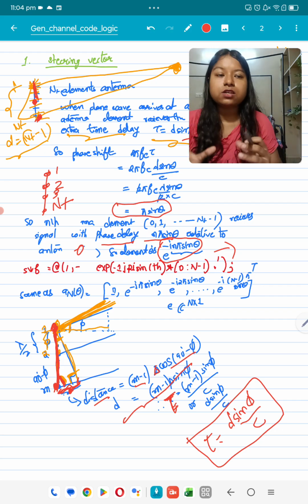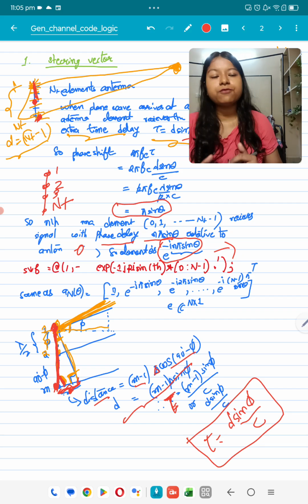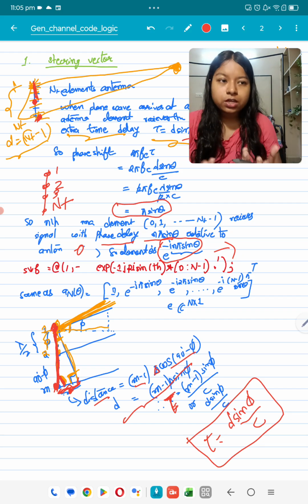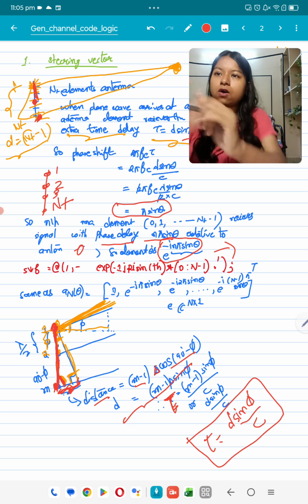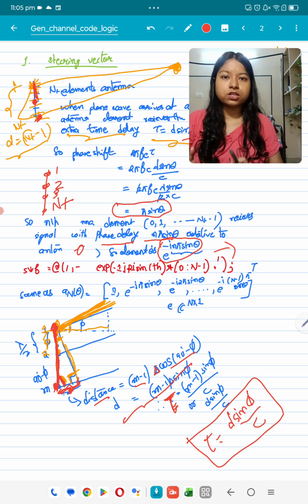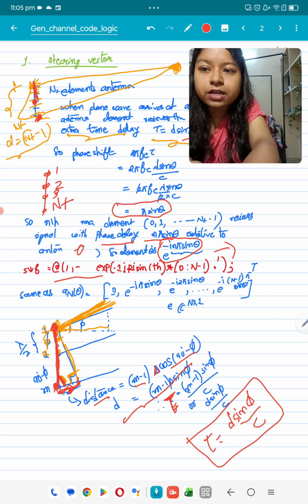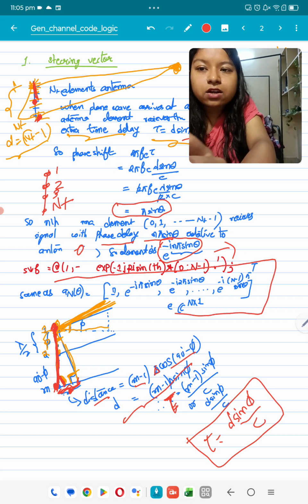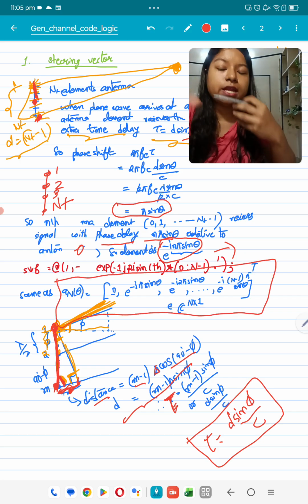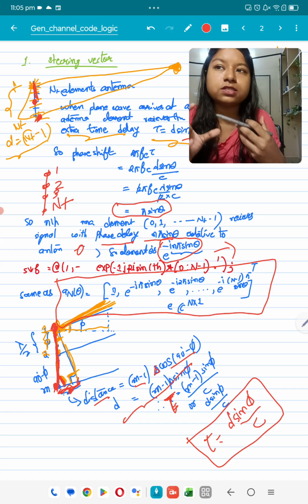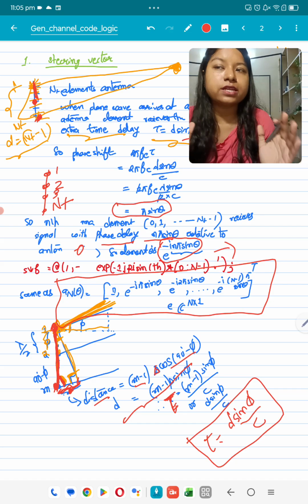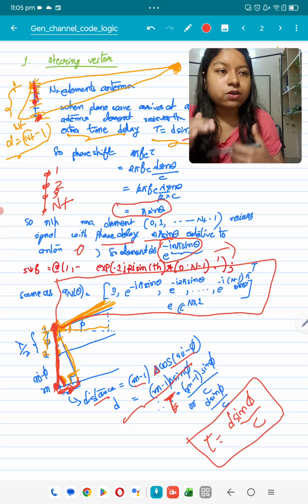For simplicity, we have considered the attenuation to be 1 for all the antenna elements. Then the steering factor is the collection of the phase differences of all the antenna elements in the transmitter or the receiver.